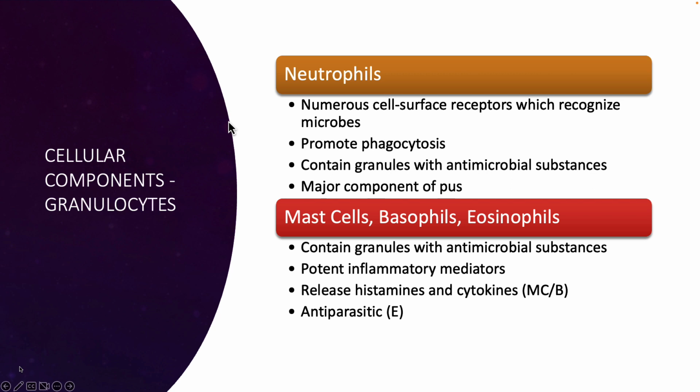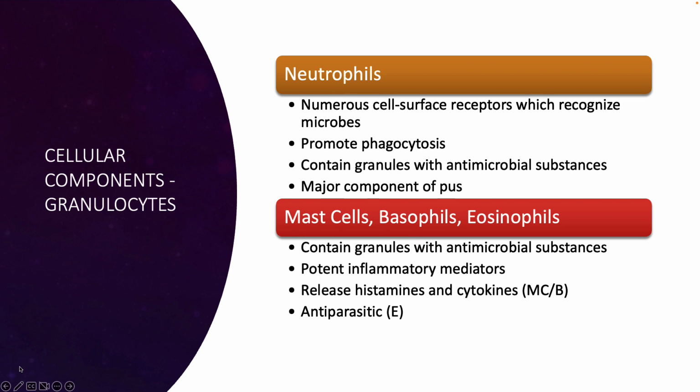They promote phagocytosis. They have granules inside of them with antimicrobial substances, and they can exocytose those in order to deal with pathogens. And neutrophils are actually a major component of pus. So when you have an infection that's called purulent, meaning it produces pus, neutrophils are a big part of that.